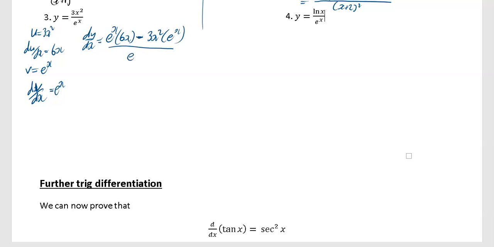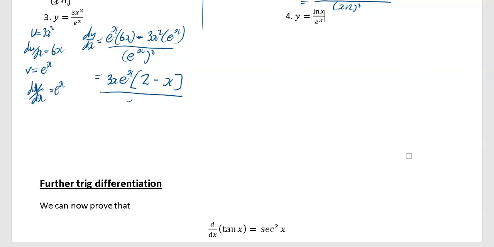So that's going to be e to the x. I'm just going to write it as e to the x all squared. You could write that as e to the 2x, but you'll see it just makes it easier when I'm going to cancel, as I will in probably the next couple of lines. Top line, factorize out whatever you can. I can pull out a 3x and an e to the x, square bracket then, leaving me inside with 2 minus x, that's all.